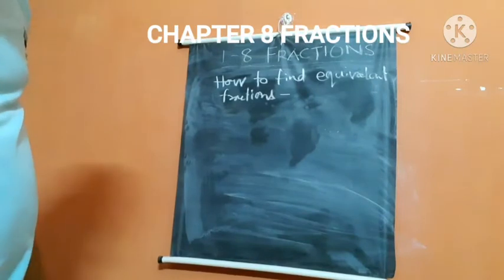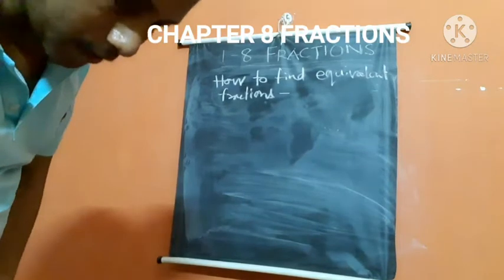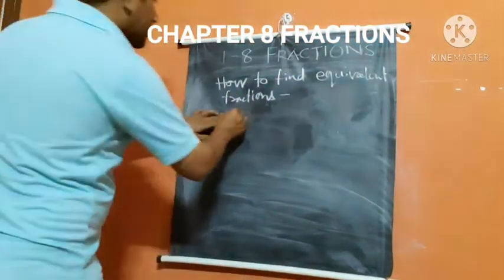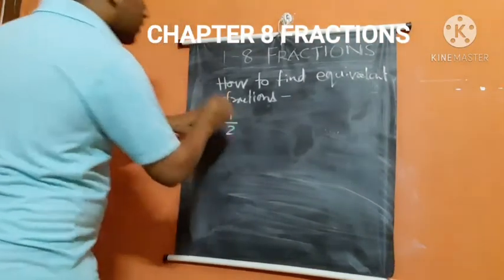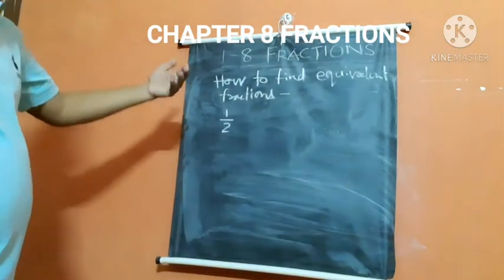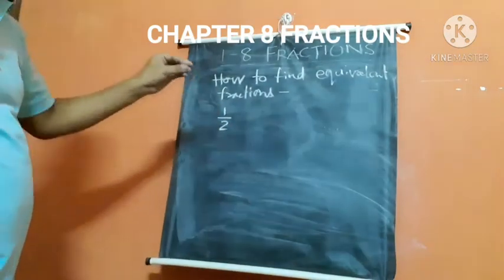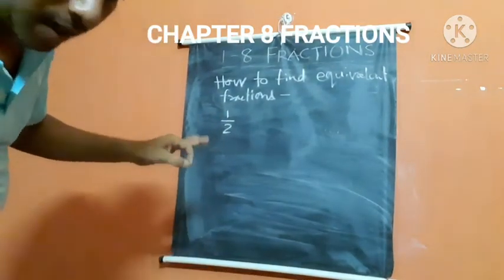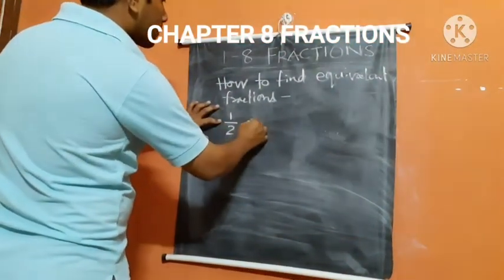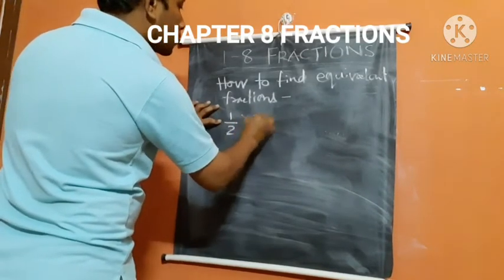Now next is how to find an equivalent fraction. Suppose 1 by 2, the first case we have taken. We can find the equivalent fraction by multiplying both the numerator as well as the denominator by the same number, except 0 and 1. Suppose here we multiply 1 by 2.